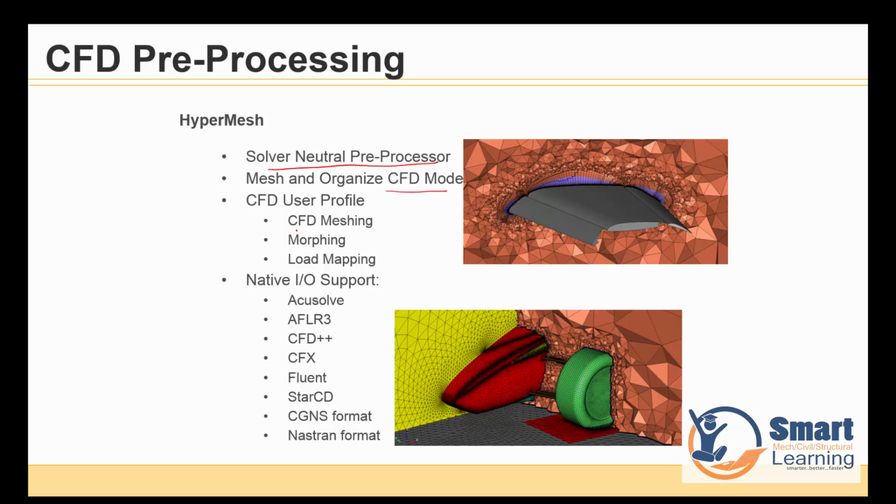Also the CFD meshing, morphing and load mapping portfolios, where you set the profile. It also supports different exchange formats, like input and output support for AcuSolve, CFX from ANSYS, Fluent, Star-CD, and Nastran formats, and various other formats for input and output.